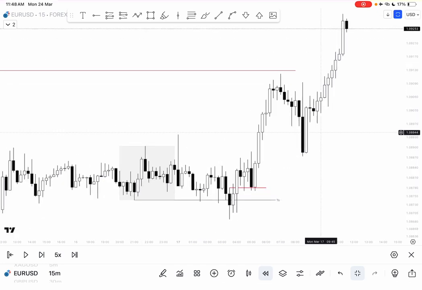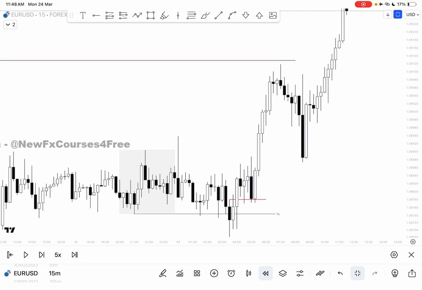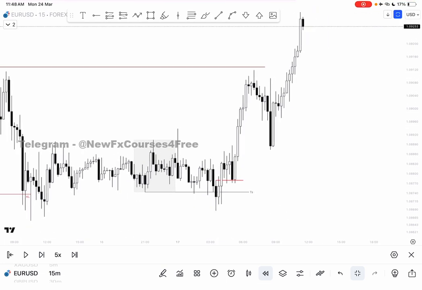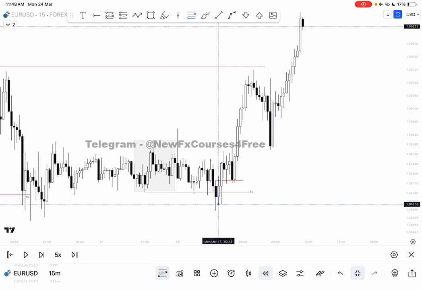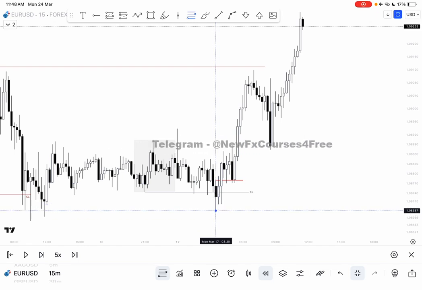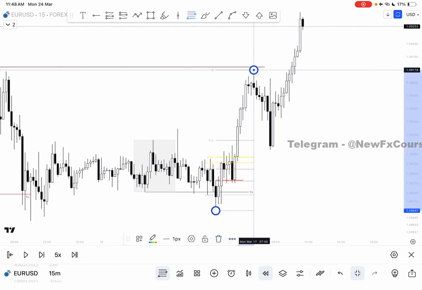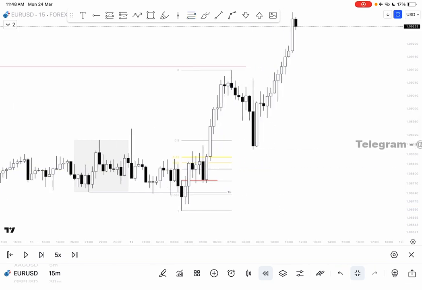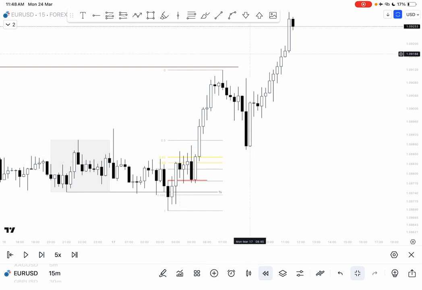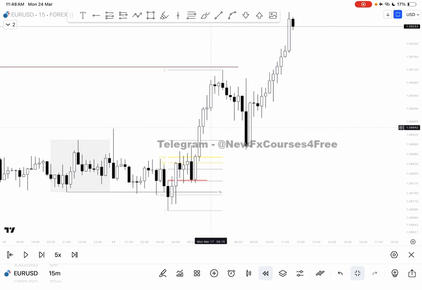So this whole move downwards was price actually returning to the discount region here, below the 0.5 level, returning to the discount region and rebalancing this imbalance here.